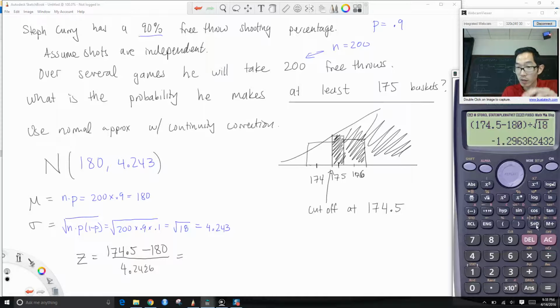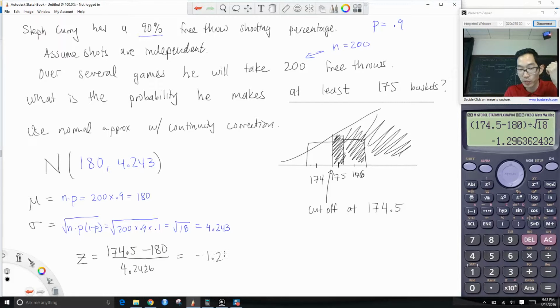And I get negative 1.296, so I'm going to round off to negative 1.30.